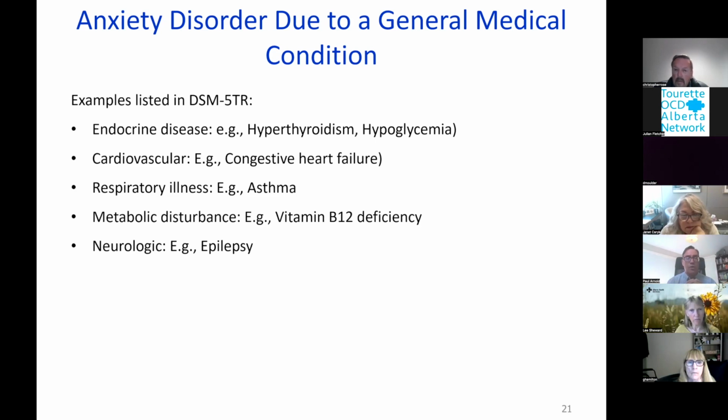Congestive heart failure is certainly an example. Also, and maybe slightly more common in kids, not super common, but can occur, are heart arrhythmias. And then finally, respiratory illnesses, kids who get highly anxious in the context of asthma. Usually pretty easy to tease out, because of the shortness of breath, and most kids know when it's induced by their asthma, but something to keep in mind. Metabolic disturbance, and then things like epilepsy, neurologic concerns.